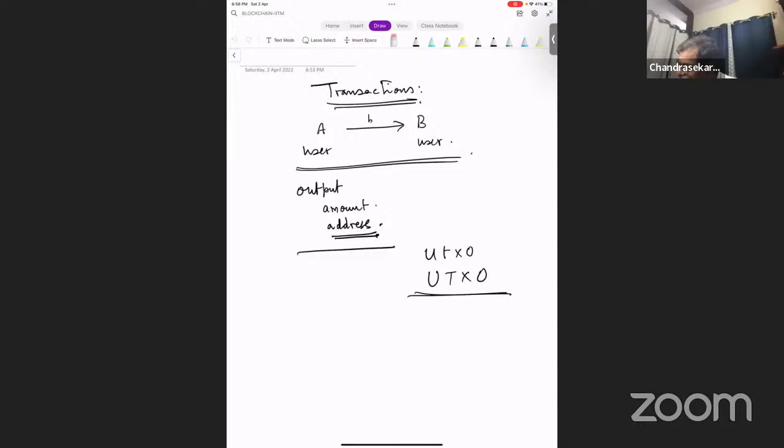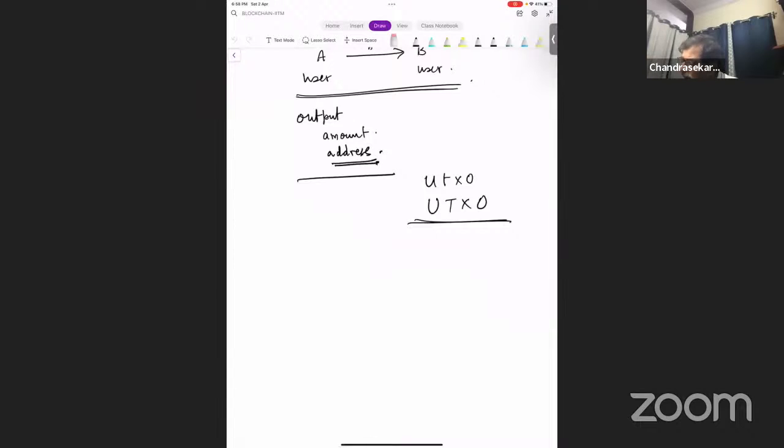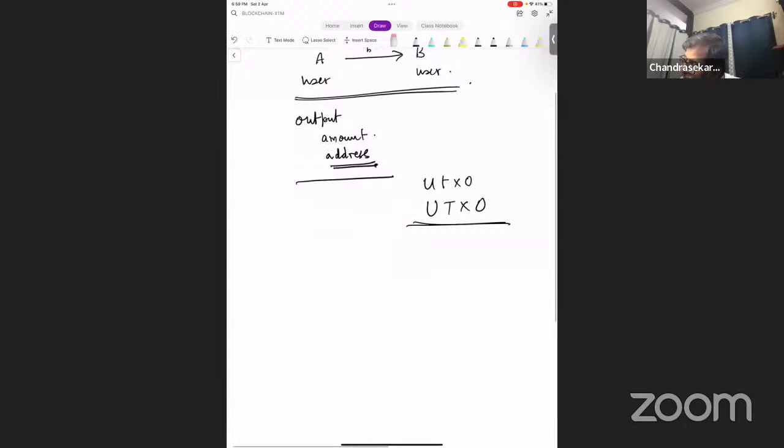The unspent transaction output is just a specification. It tells that I have some money with me, and that money I'm going to give to this one. So I can specify several addresses and several amounts.